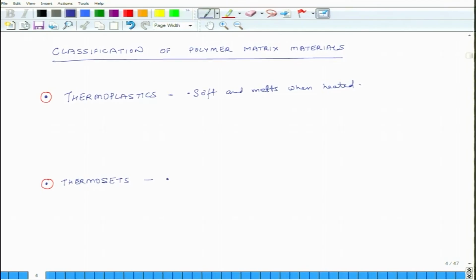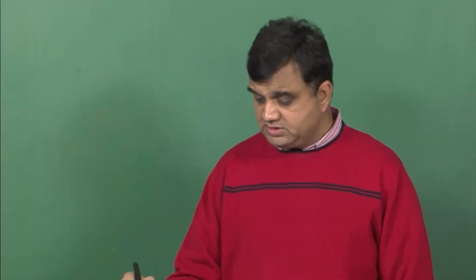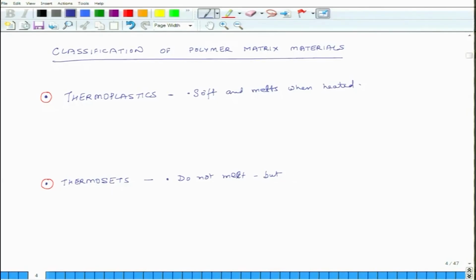Now, unlike thermoplastics, thermosets do not soften up appreciably, so they do not melt, but beyond a certain temperature, they break down and decompose.